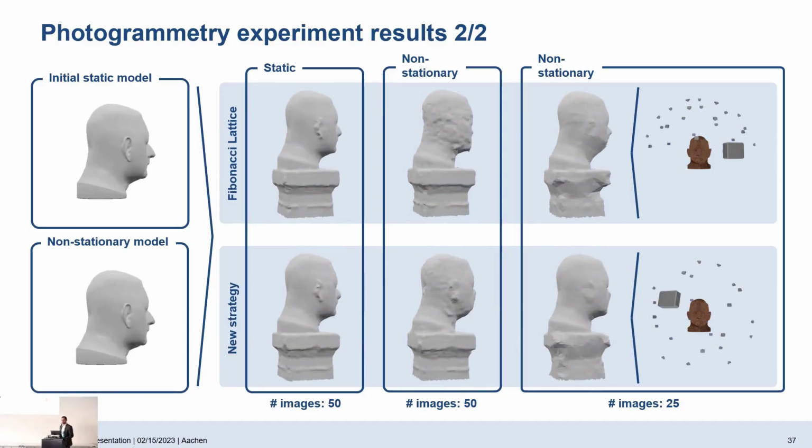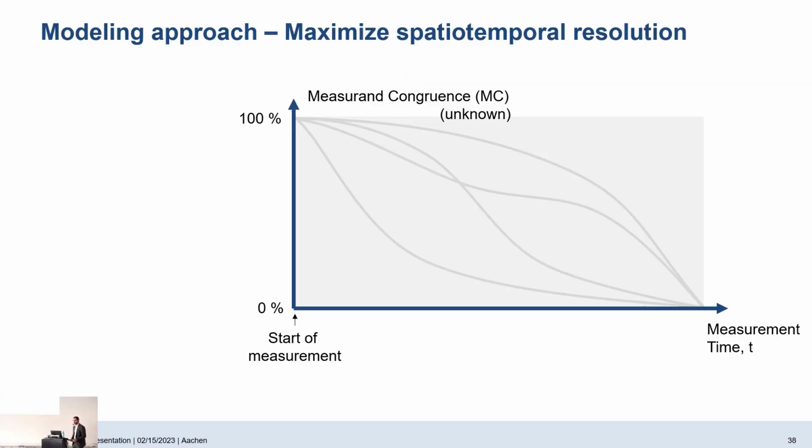And that brings me to my next slide, where I want to do the modeling here. So let's say we want to measure a non-stationary measurand for a specific condition or a specific point in time. Then we can say that for this time, let's say the start point of the measurement, the measurand has not changed at all.